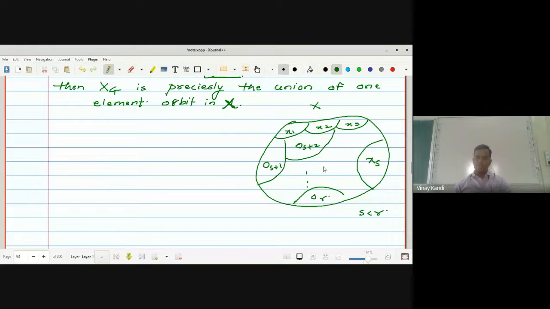Okay, एक दोन तीन चार फोर. Okay, and so on. This is orbit S plus one, orbit S plus two, up to so on. This is OR.